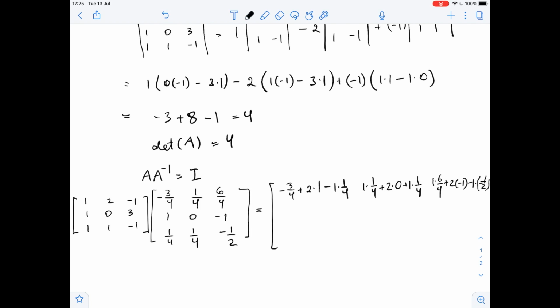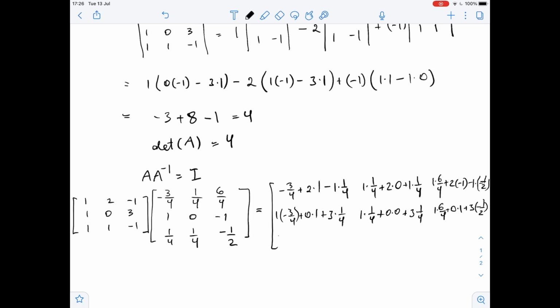In the next row, we have 1 times negative 3/4 plus 0 times 1 plus 3 times 1/4. Then 1 times 1/4 plus 0 times 0 plus 3 times 1/4. Then 1 times 6/4 plus 0 times 1 plus 3 times negative 1 over 2.